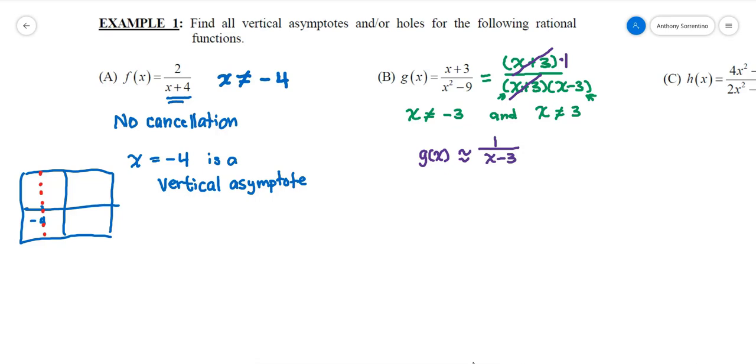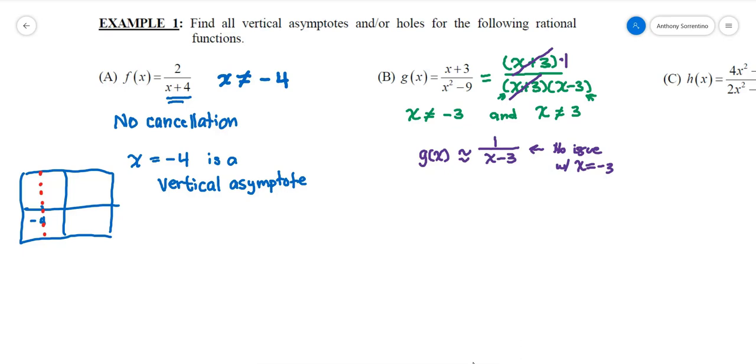And if you graphed x plus 3 over x squared minus 9 and 1 over x minus 3 on a calculator or a computer, you would see exactly the same thing. The reason there is a difference between them is that this function here has no issue with x equaling negative 3.